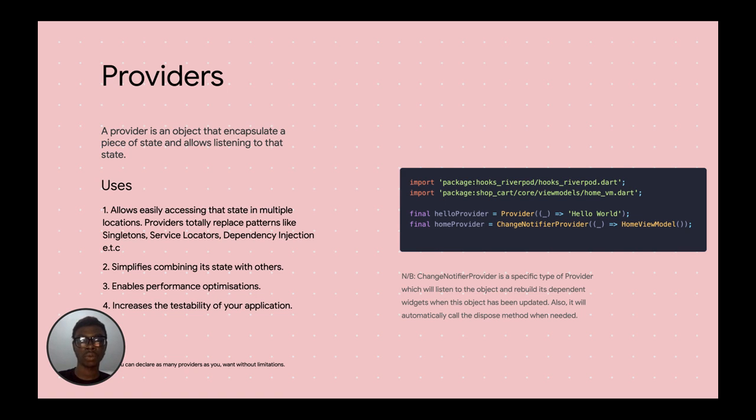For example, the change notifier provider, which is a specific type of provider, listens to objects and rebuilds independent widgets. And when it is being rebuilt, it gives you access to a change notifier listener, and to these different widgets that could handle this state.